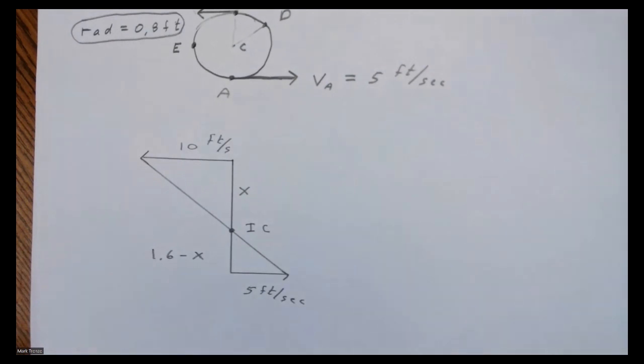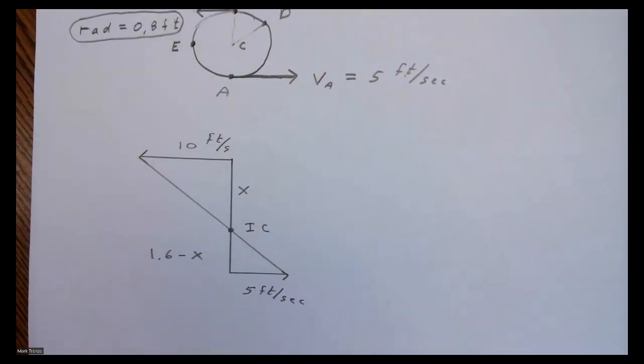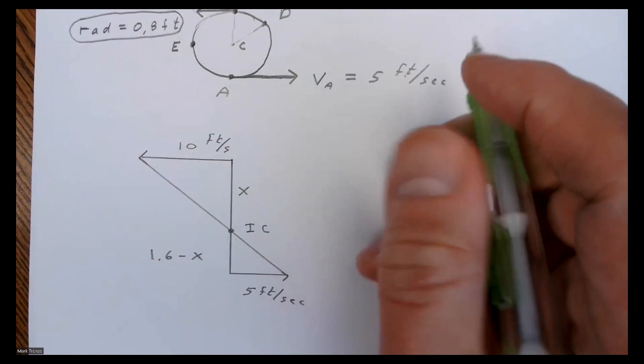Again, we can use similar triangles to figure out these values. We could say that 1.6 minus X is to this as X is to that. So let's write that down.